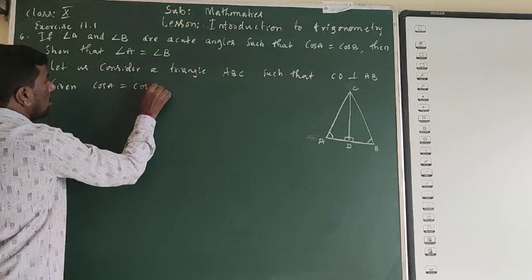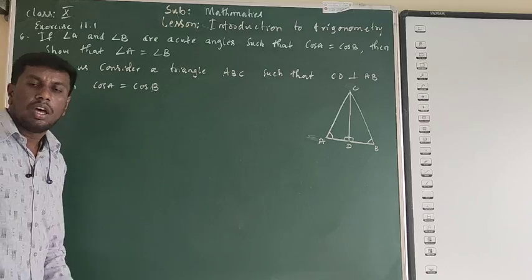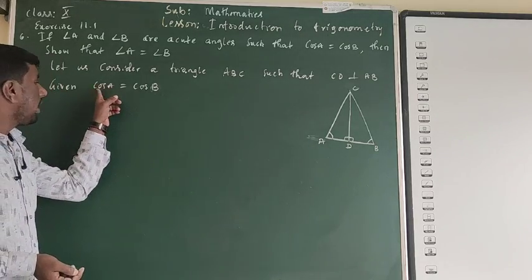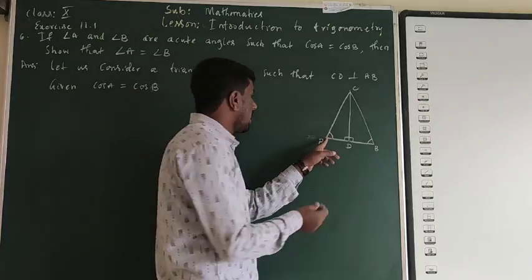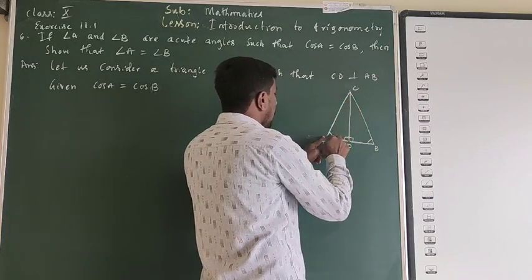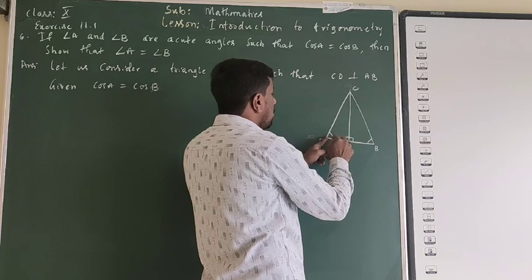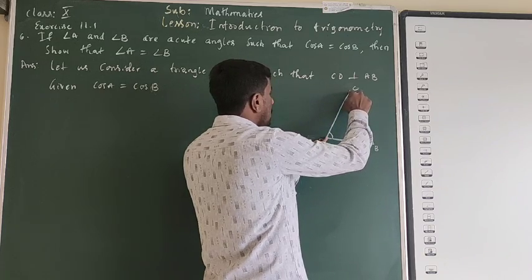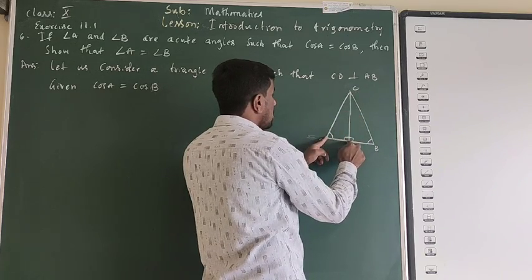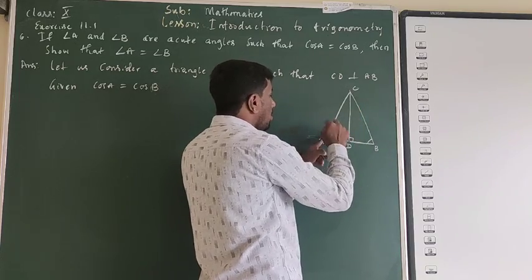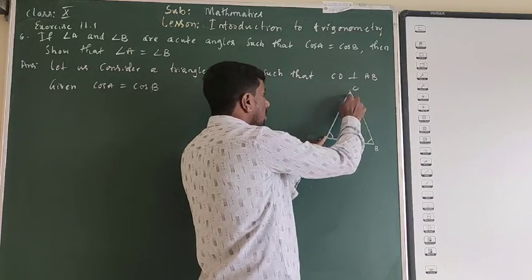cos B. Okay. Now what is cos? Adjacent by hypotenuse. Cos angle A, so this is angle A. Now considering triangle ACD for the cos function, AC is the hypotenuse, AD is the adjacent, CD is the opposite, right?